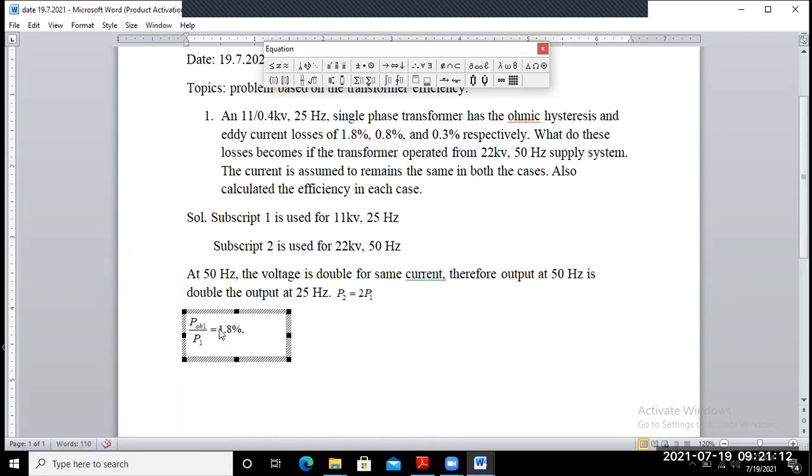Similarly, sorry, the hysteresis loss, represented by P suffix H1, divided by P1 is given to you as 0.8%.